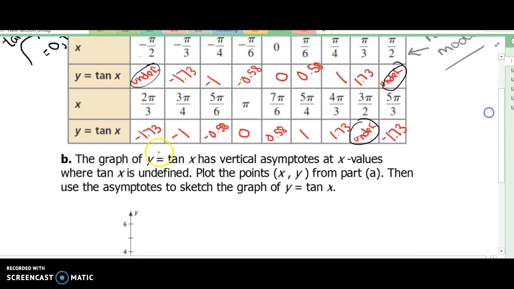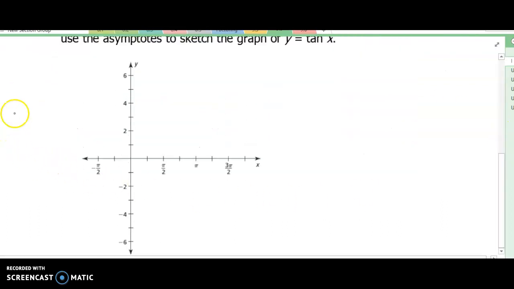All right, so we have an asymptote when x is negative pi over 2. That's my asymptote. Remember with asymptotes, the graph gets really, really close but does not cross. We also have asymptotes at pi over 2, and then at 3 pi over 2.